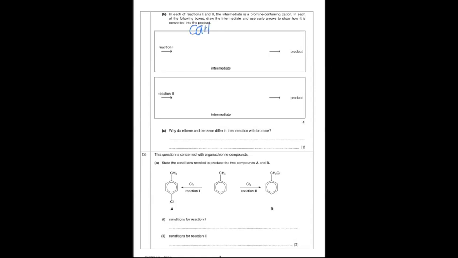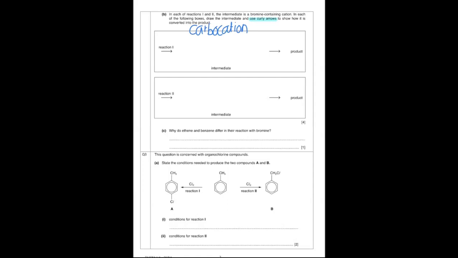Carbocation means there is a positive charge on the carbon. So that's what you have to draw here in the intermediate, and then follow your notes, draw the arrow. Show the mechanism. Use curly arrows to show how you form the products.